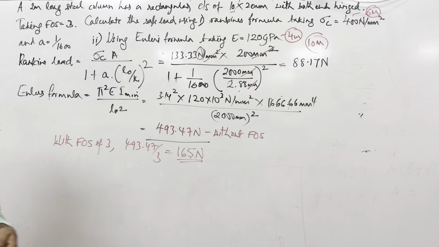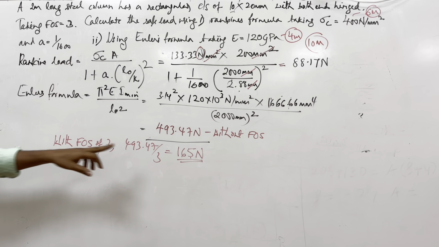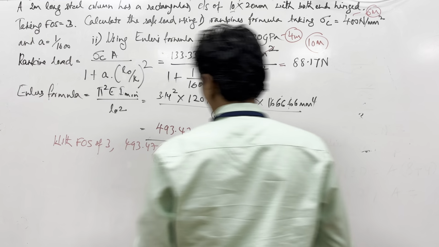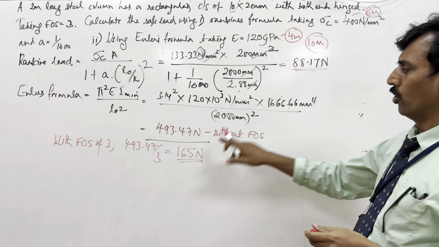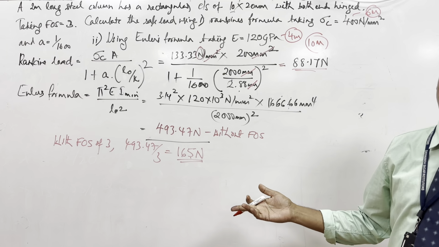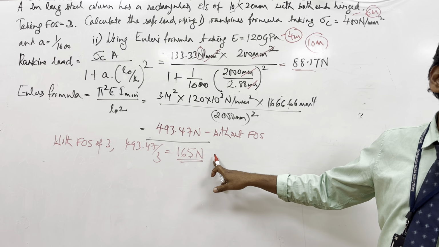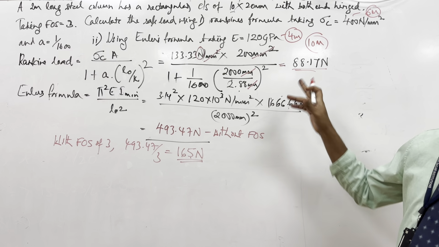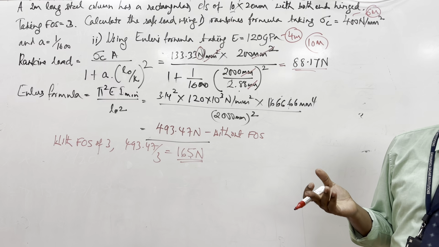So 165 newtons is the load that can be taken by Euler's load. So by using Euler's formula, you are able to take like 16.5 kgs, whereas here you are able to take only 8.8 kgs.